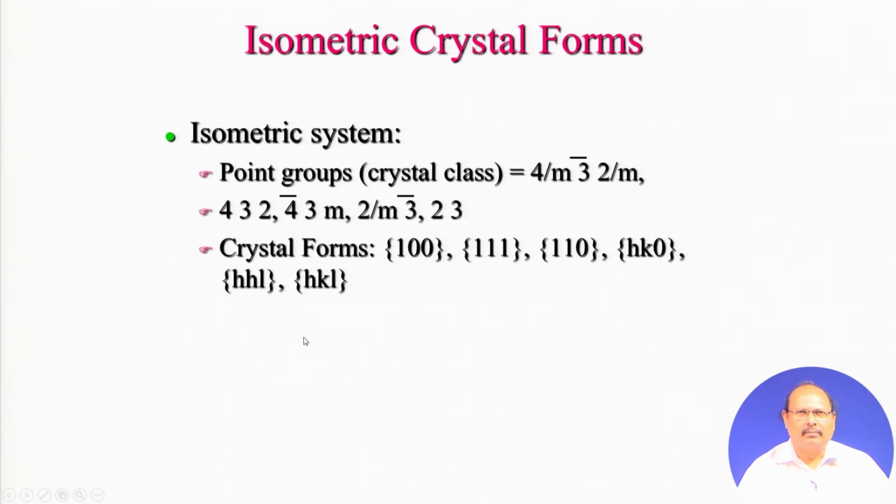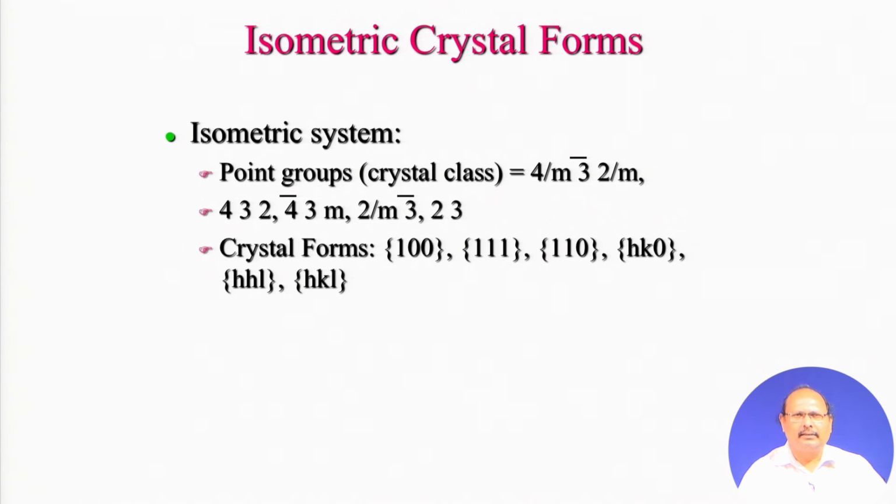Now, let us talk about the crystal forms that are present in the isometric crystal system. In the isometric crystal system, you know that there are 5 point groups of symmetry. They are 4 over m, bar 3 2 over m, 4 3 2, bar 4 3 m, and 2 over m, bar 3 and 2 3.